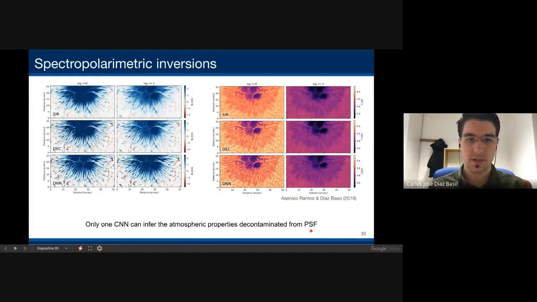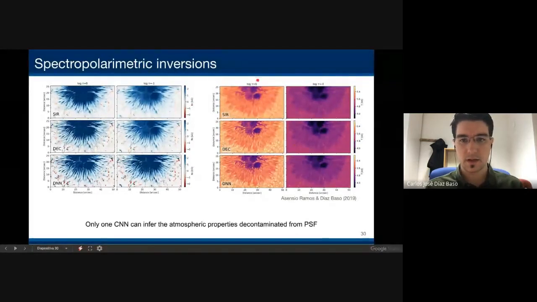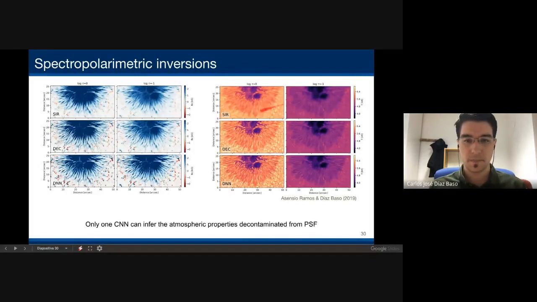So what you see in those panels is first the longitudinal magnetic field and the temperature. They have been shown at two different heights, and each row is the inversion result from a standard inversion code like here.